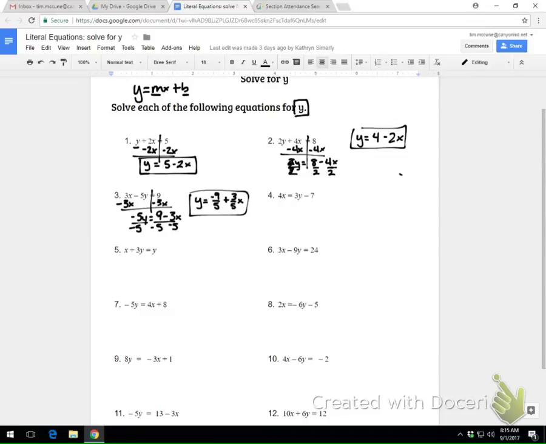Ultimately that's how I want to write everything: y equals something x plus or minus something. So if I went back to 1 and rewrote it, y equals negative 2x plus 5.